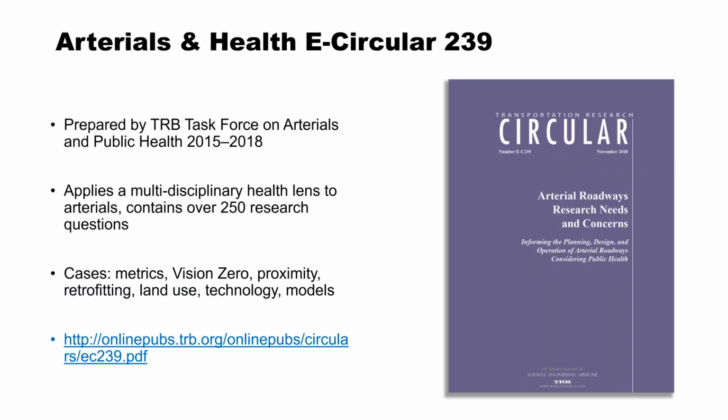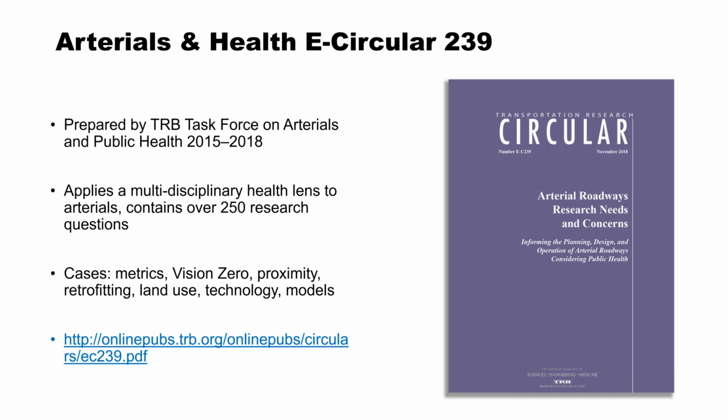Two resources. The first one is, there was a TRB task force looking at arterials and public health, and it published an e-circular number 239. It's a multidisciplinary document, included people from different types of professional orientations within transportation and public health, raises a lot of research questions, but so exciting because it focuses on these cases.